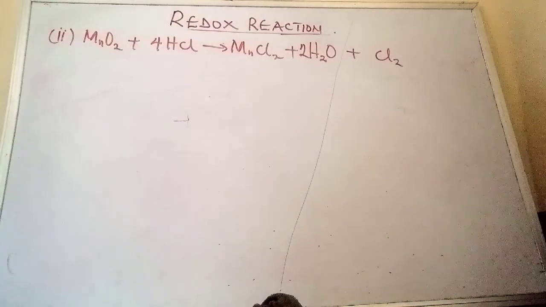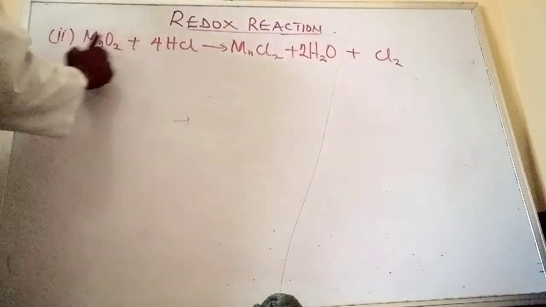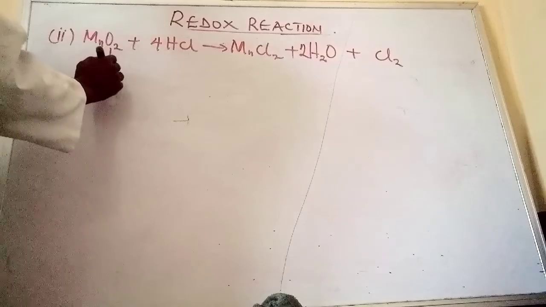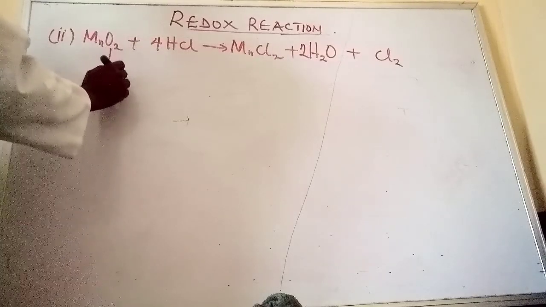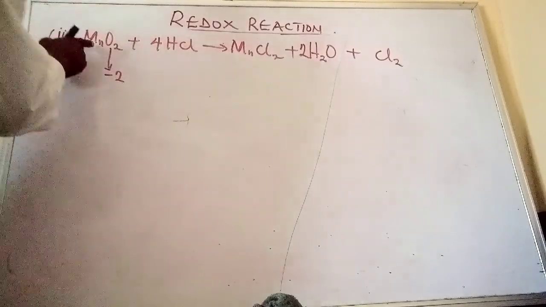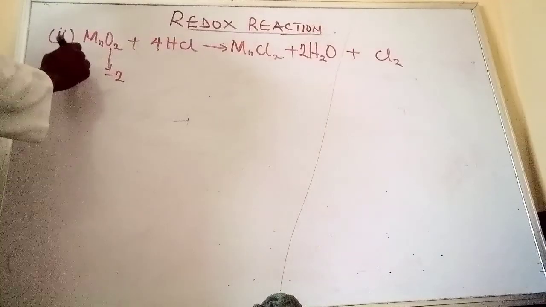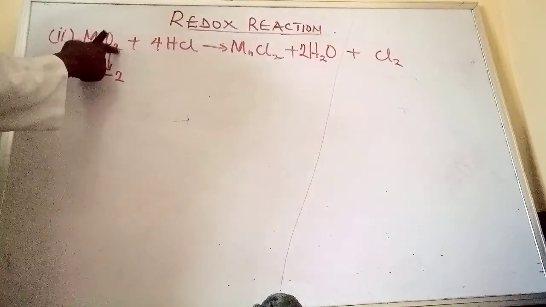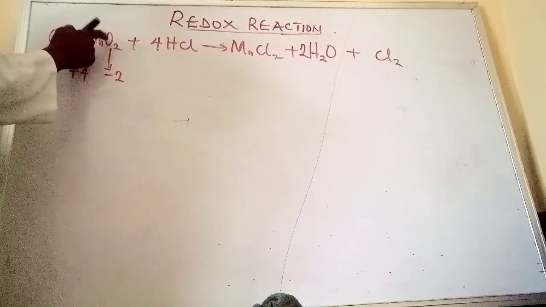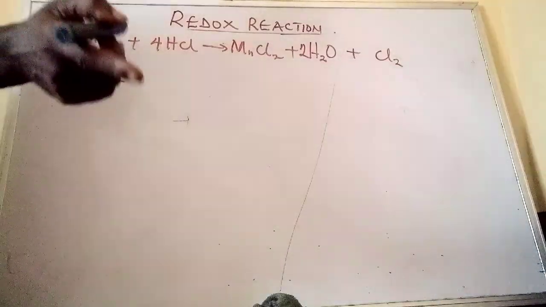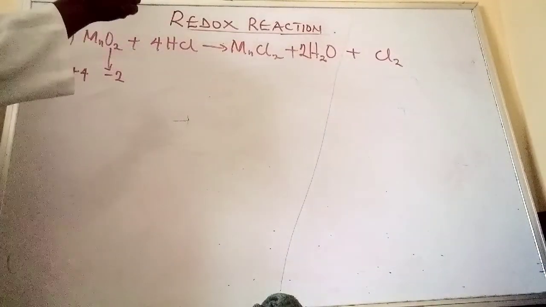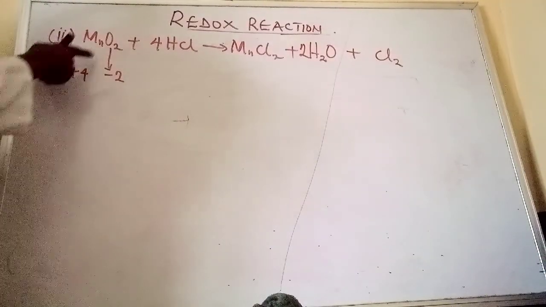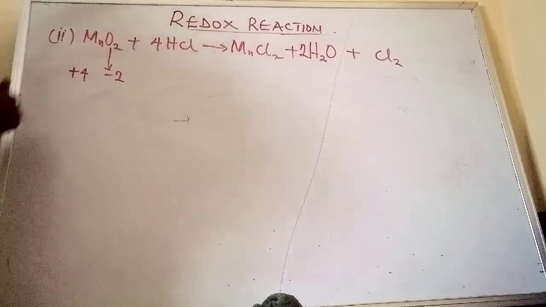All right, example 2. This is the reactant side. Since oxygen has negative 2, then what is the oxidation number of this one? That is plus 4. How do I know? 2 times -2 of this. If you know how we calculate oxidation number in the previous topic, you find the oxidation number of this one from this, it will give you +4.